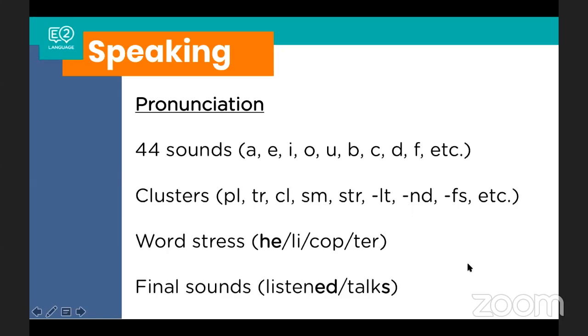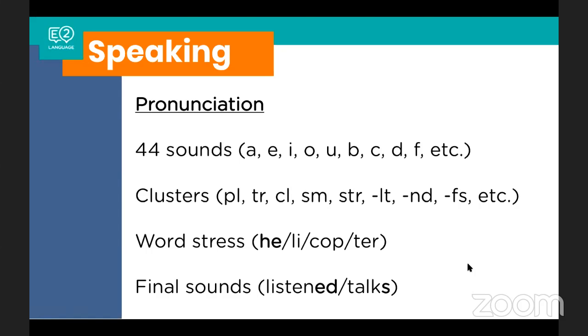And one thing that I want to talk about in this class, and we'll get to, is the final sounds on words. Because in English grammar, we often change the end of the word, the final sound, to indicate some sort of meaning. For example, if I say I listen versus I listened, d, d, d, d, there's a little sound change.